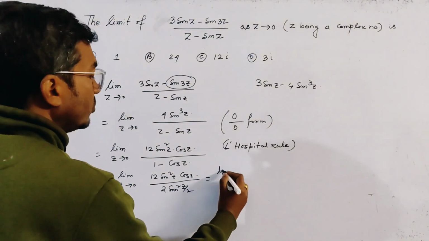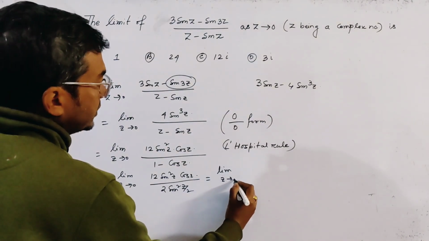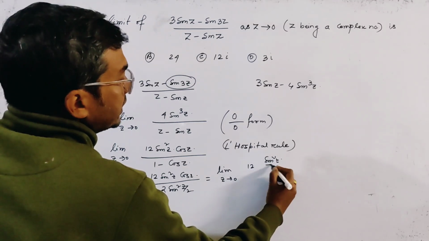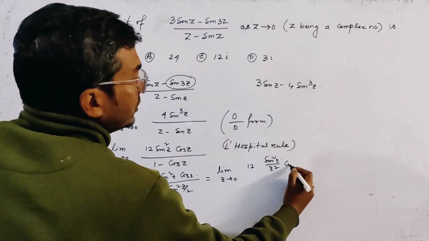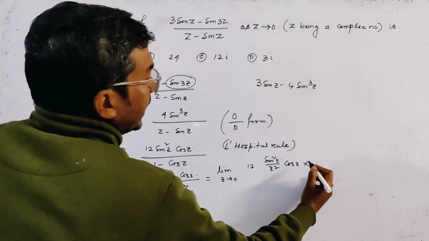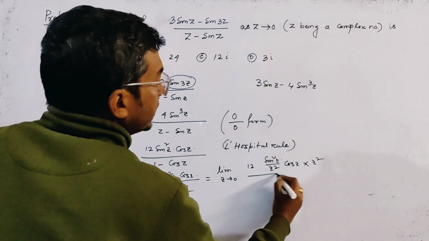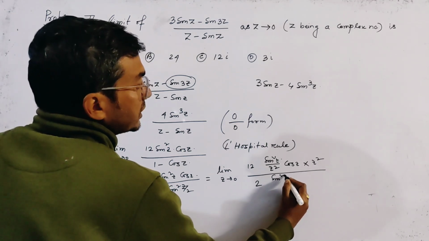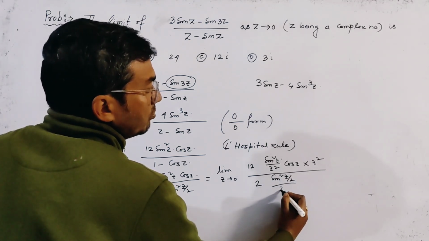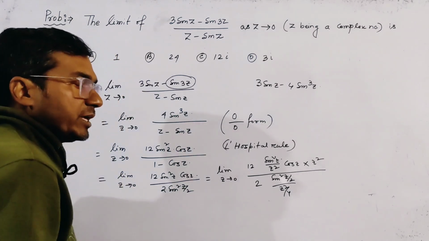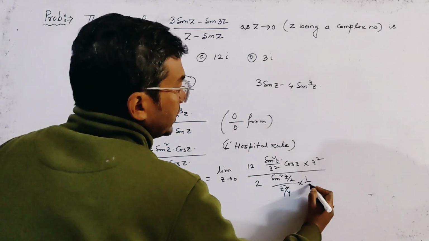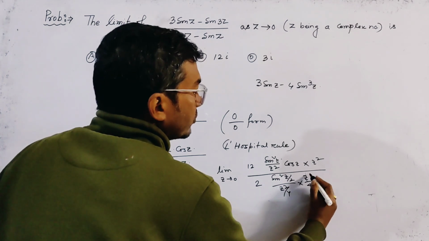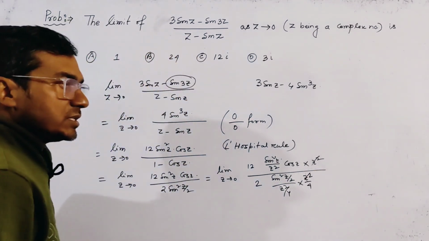And now we get limit z tends to 0, 12 into sin square z by z square into cos z, and we multiply here z square, and for the lower portion 2 into sin square z by 2 by z square by 4 we multiply here, and this is 1 by 4 into z square, z square by 4, and z square cancel out.